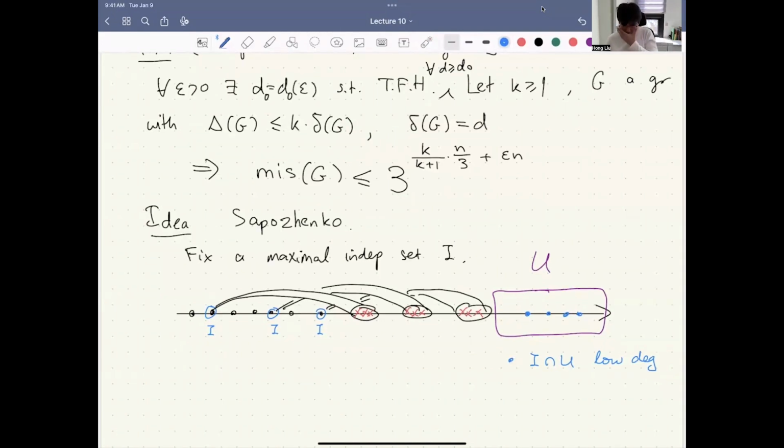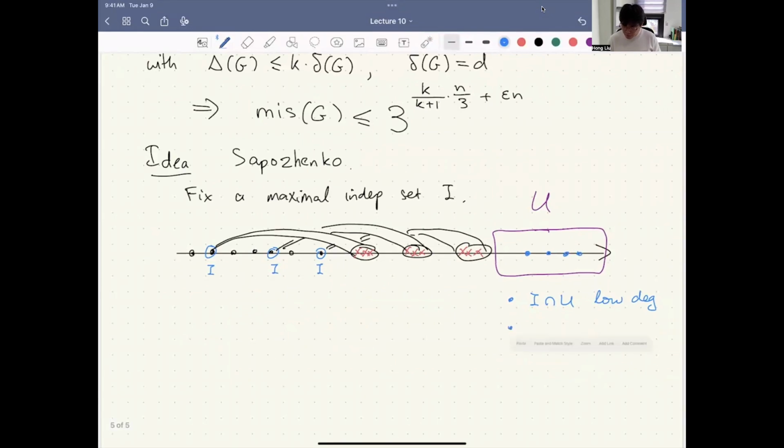Now, we're going to define the set of low degree vertices in U. Consider Z in U, which is low degree vertices. And by our execution of the algorithm, it contains all the remaining vertices in independent set I. And another crucial observation is I intersect U is itself a maximal independent set in U.